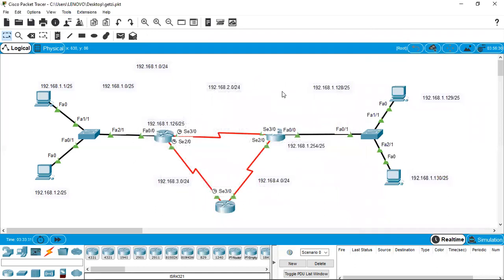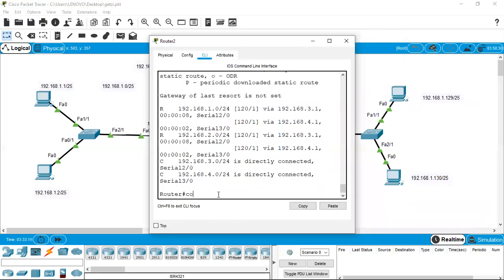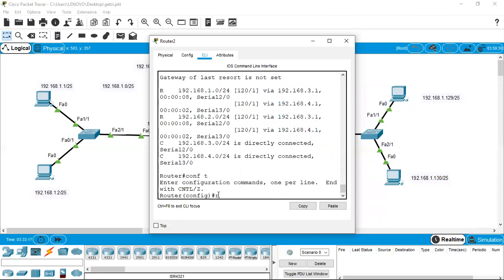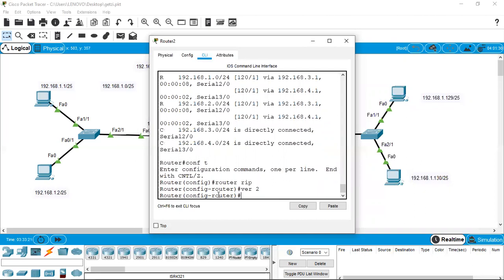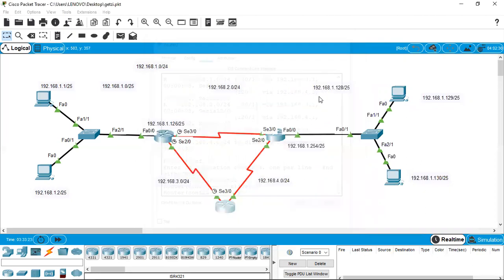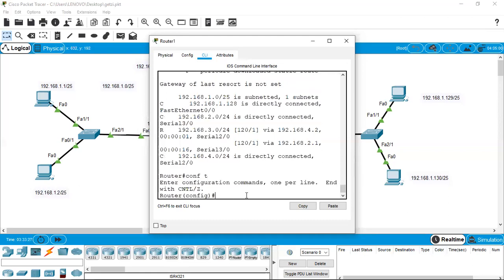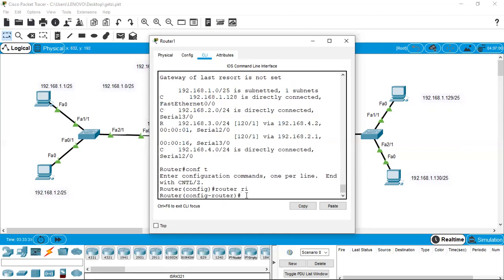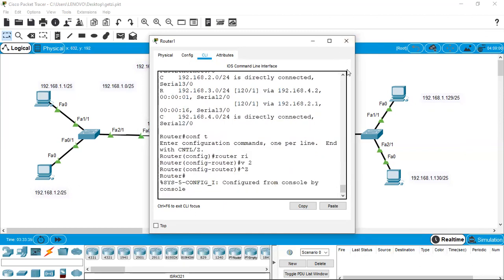Now I have taken you through RIP version 1 and then explained RIP version 2, so I'm giving only the command which is required. I give version 2 here, and I also give version 2 here. Config t, router rip, version 2. So I have configured version 2 on all the routers.